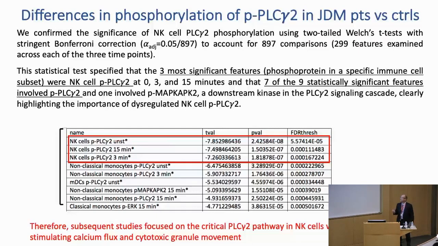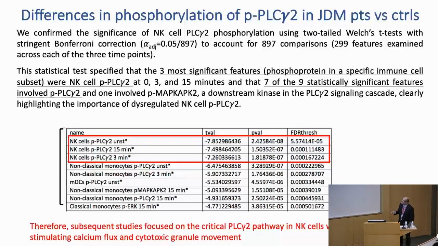And so one of the ways we did this to confirm was to use a two-tailed Welch t-test with stringent Bonferroni correction, so we corrected for the 900 comparisons. And this statistical test identified the 3 most significant features, again, phosphoprotein in a specific immune cell, as being NK cell PLC gamma 2 at 0, 3, and 15 minutes.